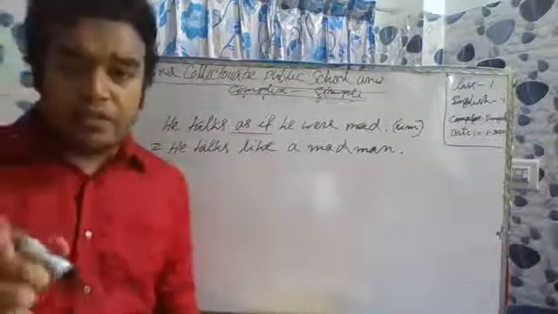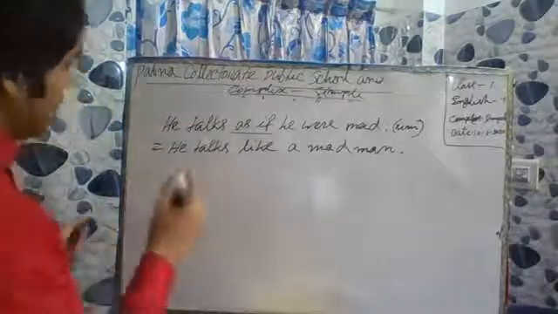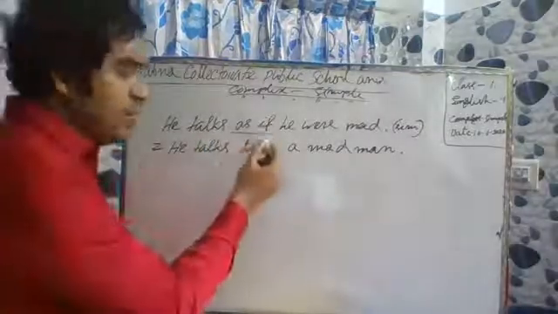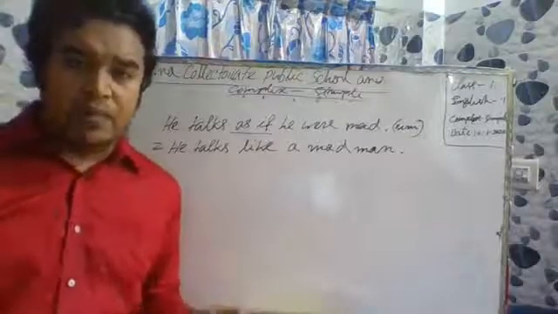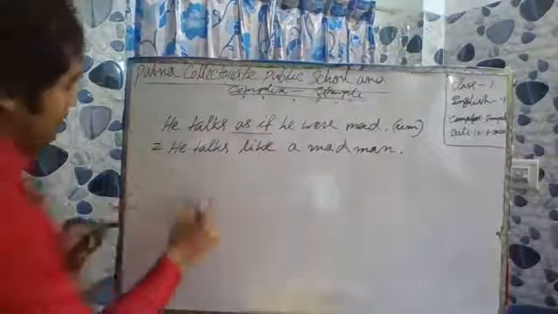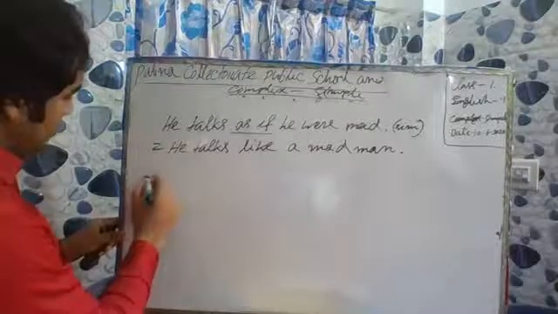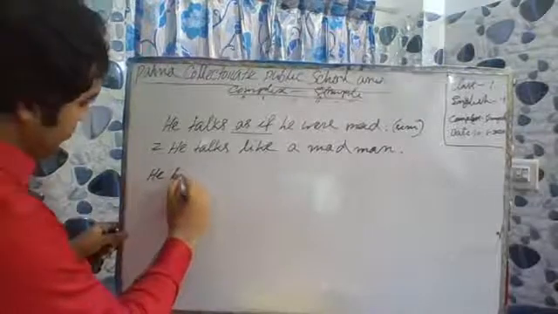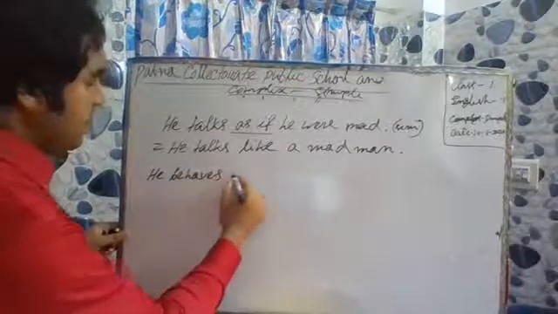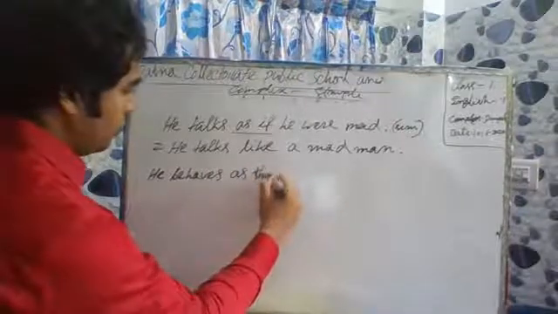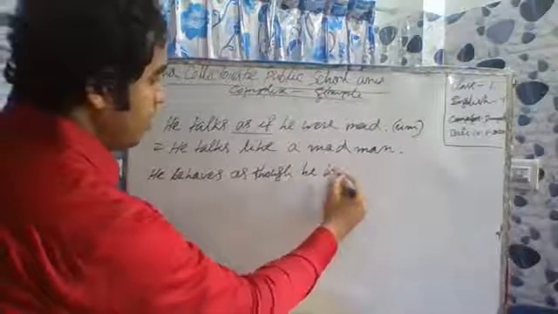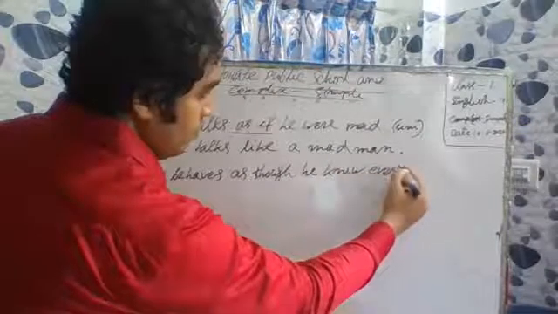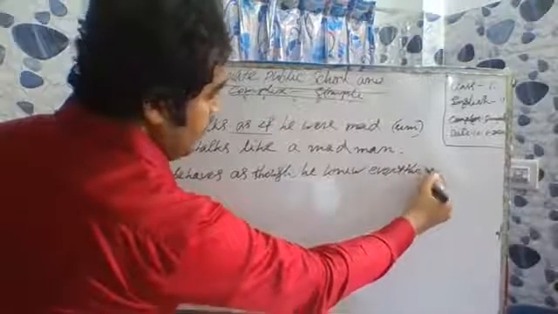Next sentence is for you and you have to solve it. And here you have to remember, as if and as though, same rule. He behaves as though he knew everything.